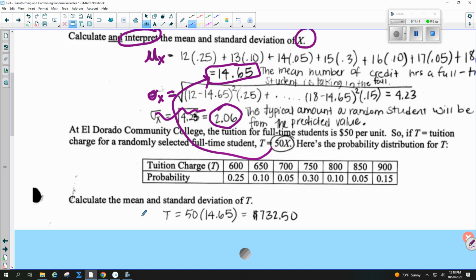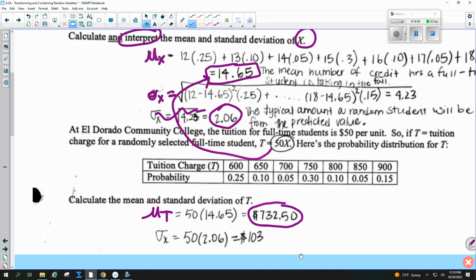You need this notation, mu of T. So this is saying the mean now of the tuition cost. Here's my average tuition cost. You did not have to interpret this one. This should say sigma T, my standard deviation. So yes, I am also allowed to multiply by the standard deviation. So here's my average cost, and here's how much we are typically off by on any given day.